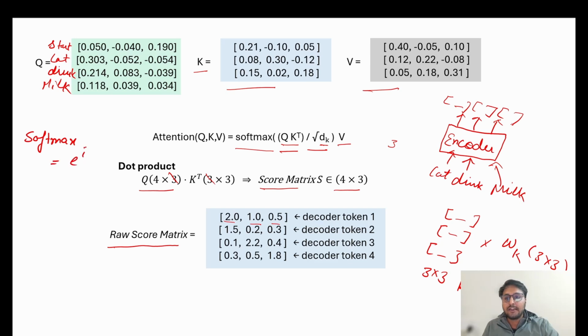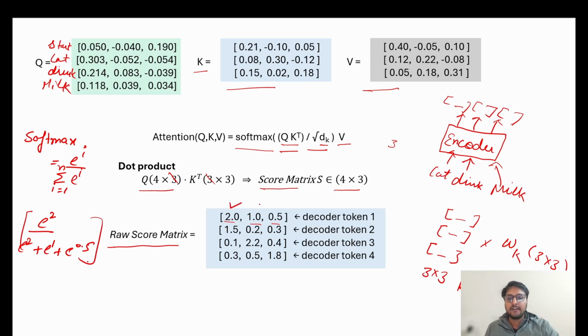The softmax formula is e to the power x_i divided by the sum over i equal to 1 to n of e to the power x_i. To compute the softmax of the first row, we do e^2 divided by e^2 plus e^1 plus e^0.5. This gives us the first value here.